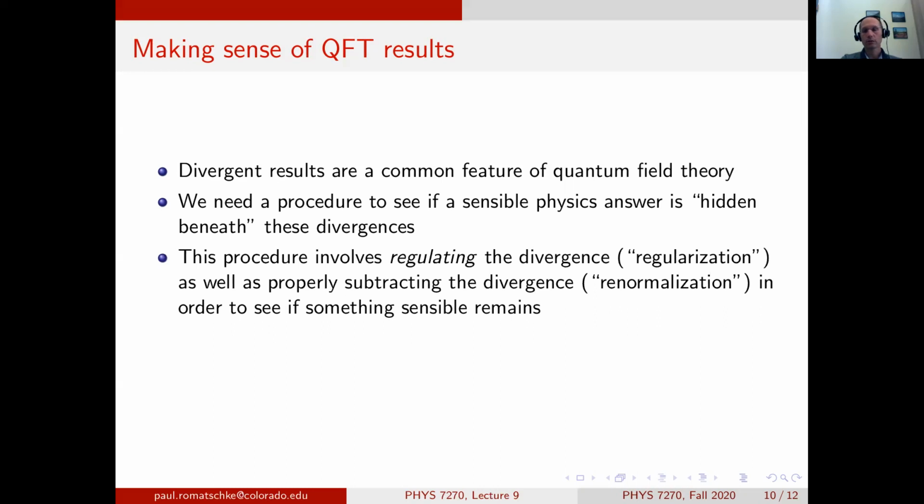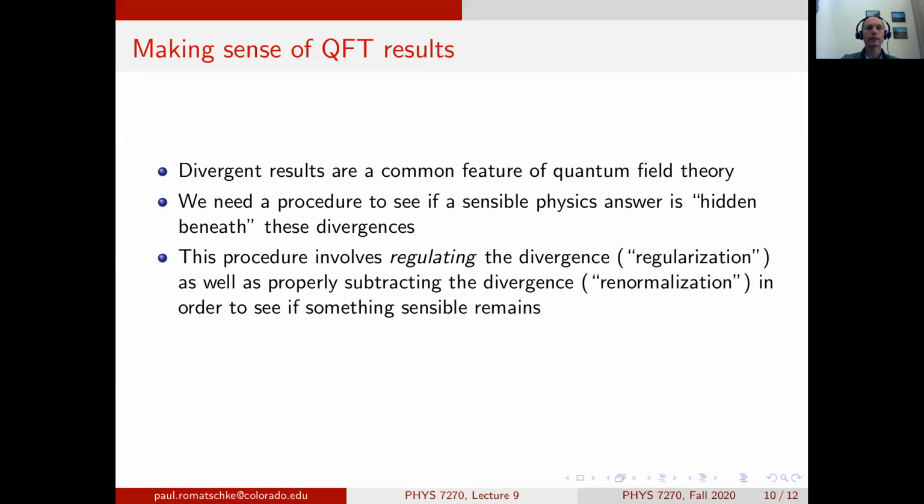The procedure that people have come up with involves two steps. One of them is regulating the divergence. It's not good to deal with just infinities; we have to see what kind of infinity it is. So basically, we want some regularization scheme that tells us the precise way in which the expression becomes divergent.